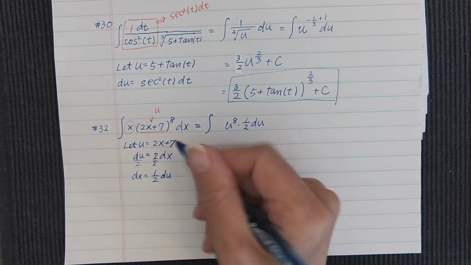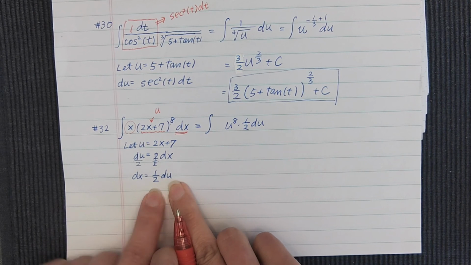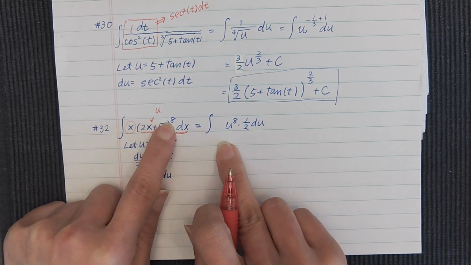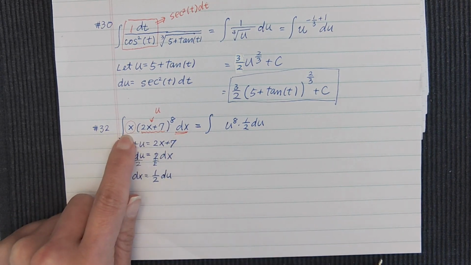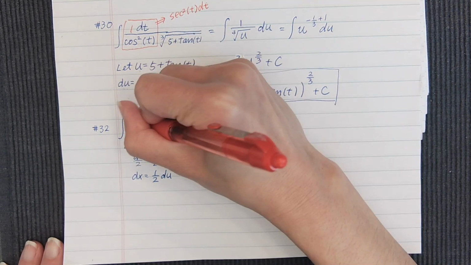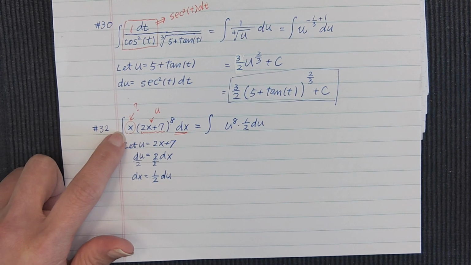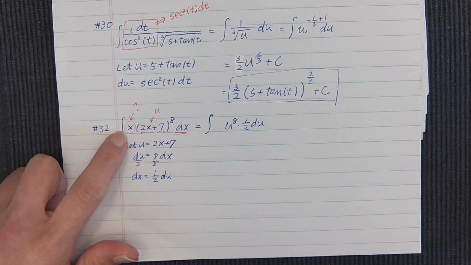Everybody okay with that one? So I set up everything. dx is ready, u to the power 8 is ready, but I do have a leftover x. What can I do with this guy? Today we did that. You can't leave the x.